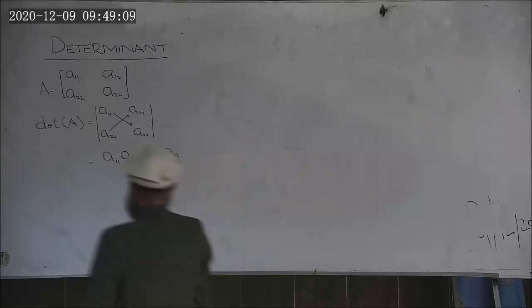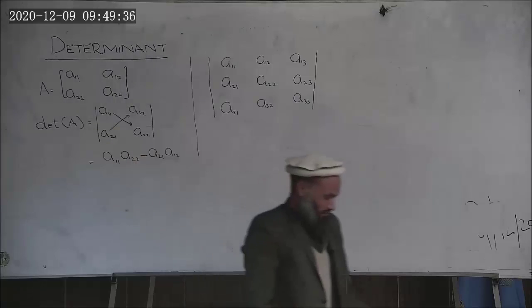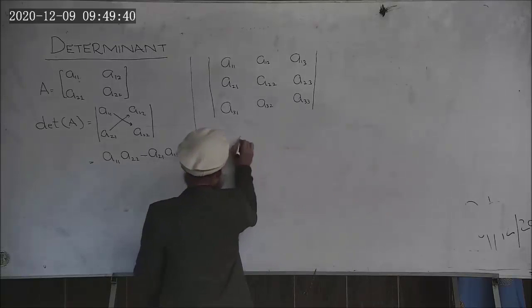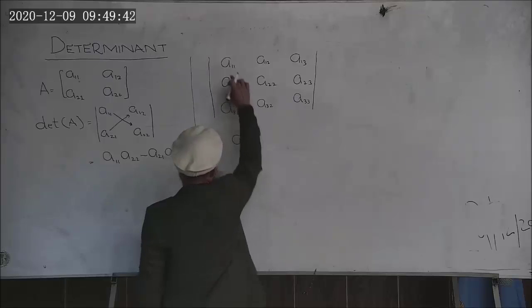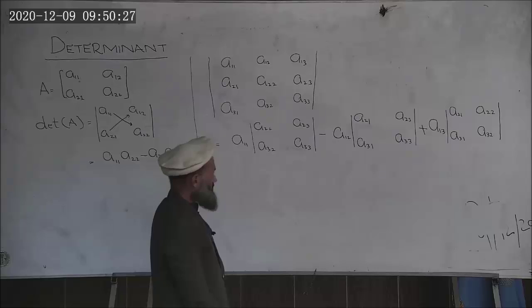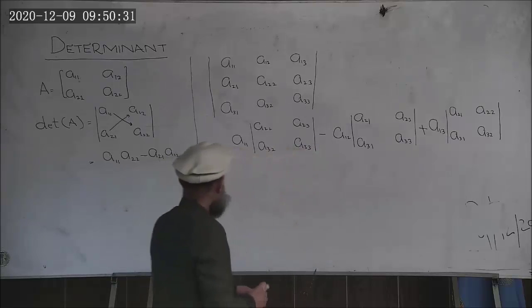For a 3 by 3 matrix, what is its determinant? This determinant is equal to A11 multiplied by, so the determinant of a 3 by 3 matrix is given by this expression.